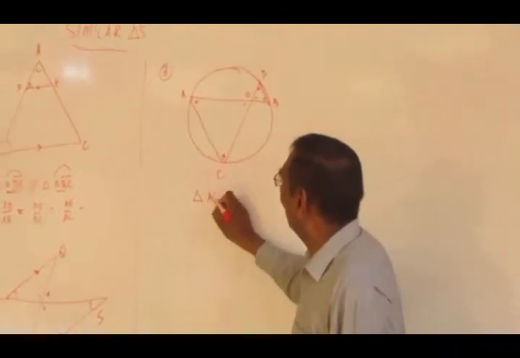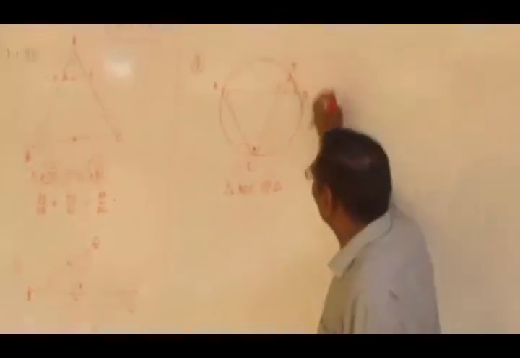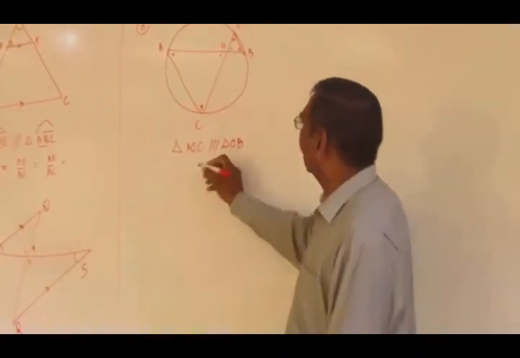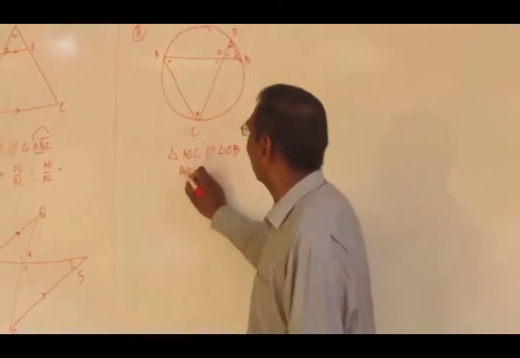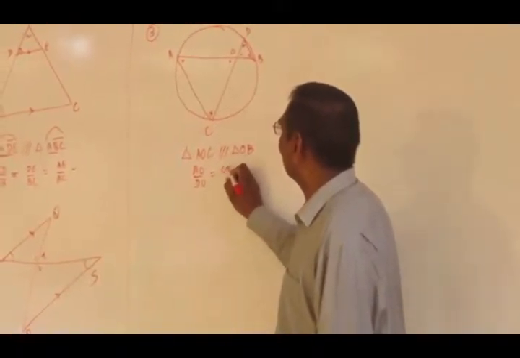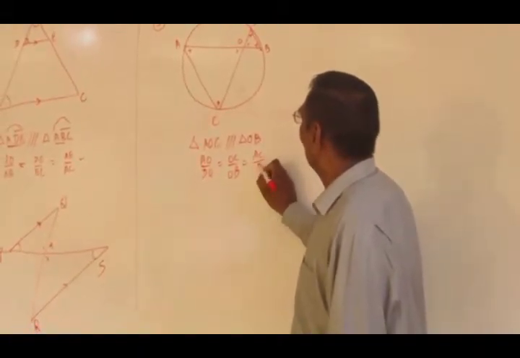Triangle AOC is similar to triangle DOB. Right? And you can immediately write down that statement too. AO over DO is equal to OC over OB is equal to AC over DB.